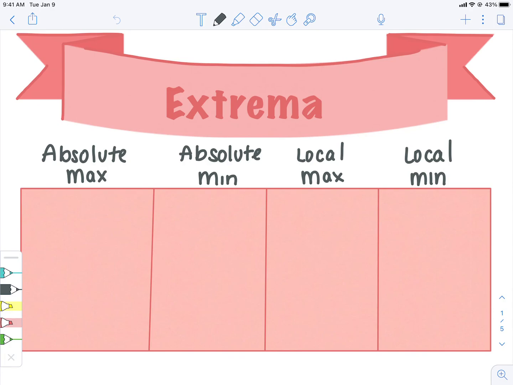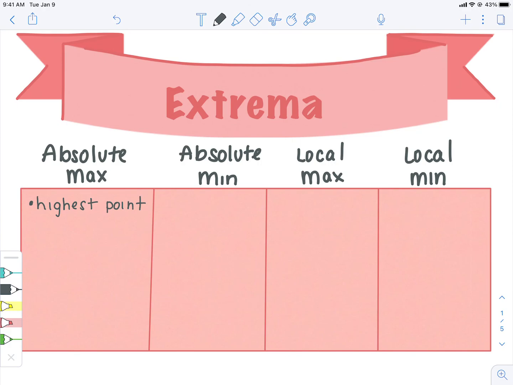So when we talk about our extreme values, we can have what is called the absolute max. And just like it sounds, the absolute max is the highest point on the graph. You actually physically have to be able to put your finger on that point in order for it to be an absolute max. So you can't tell me the absolute max is a point at infinity.